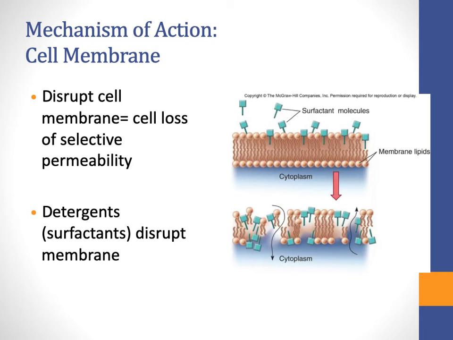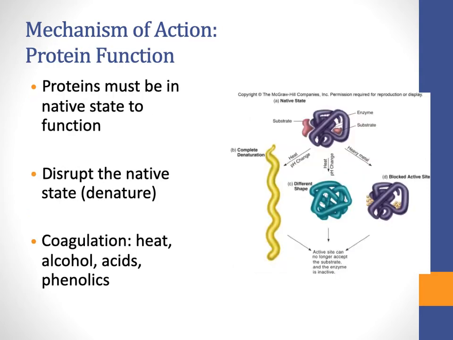So we can actually have detergents, surfactants, and they're going to disrupt. And so as you can see in the figure, when the detergents are applied, like soap, you can see how it gets incorporated into the plasma membrane, and then it actually disrupts it, so then the cell is not able to be selectively permeable.